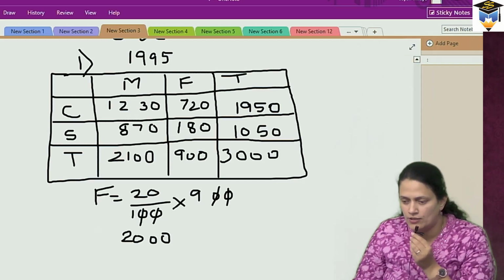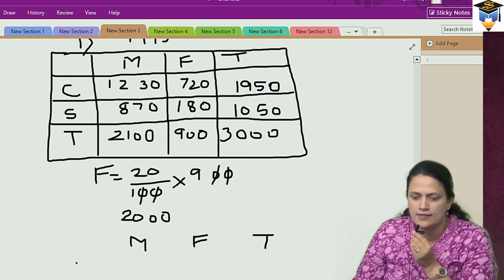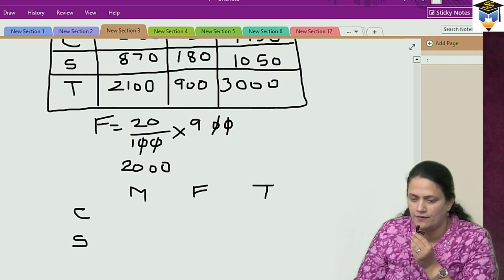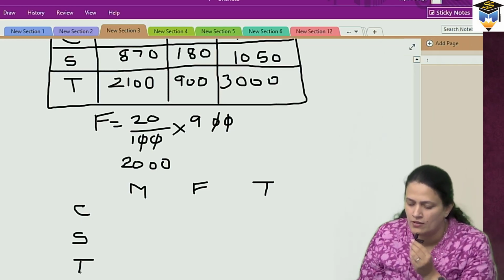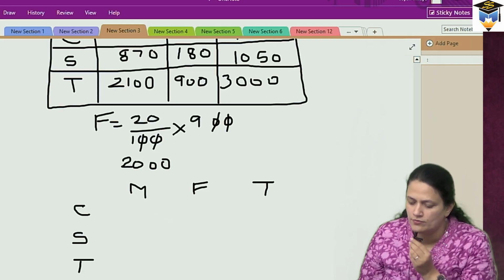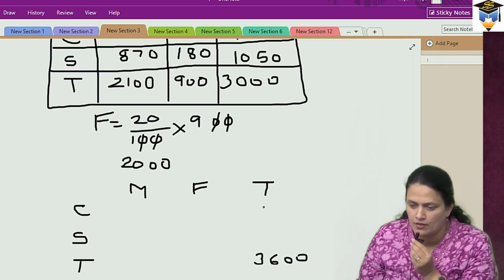Now let us do the same table: male, female, total, commerce, science, and total. Wait, I'm going to show you the screen, don't worry. So 3600 is the total number of students that is given to us. I'm going to just write down the table now.